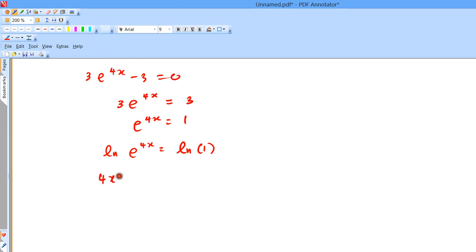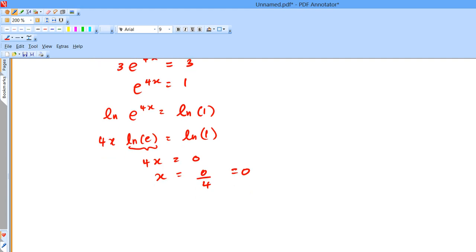So for x, ln e equals 1, and we know that ln 1 equals 0. So 4x equals 0, and x equals 0 over 4, which equals 0. Okay, thank you.